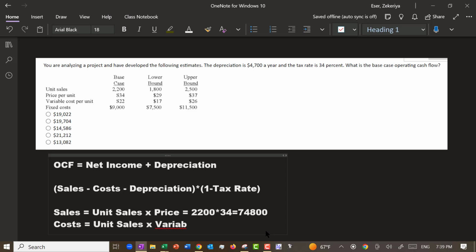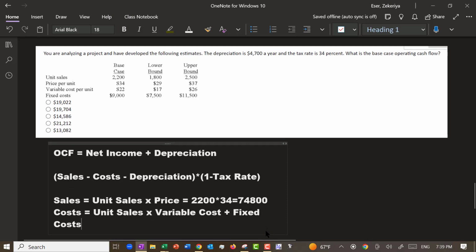Costs are 2200 times it costs 22 per unit, plus you have $9,000.